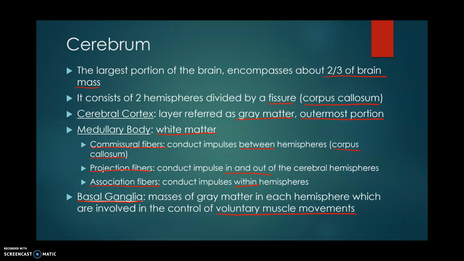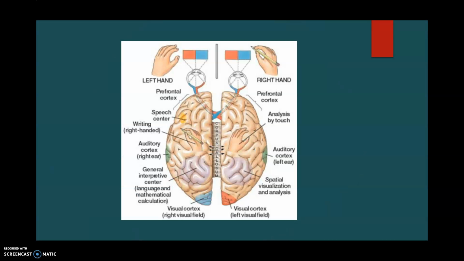So let's take a look at what some of this looks like. If we take a look, we see we have our right side of our brain and our left side of our brain. Remember, when we're looking at a page, we're looking at it as if we're looking at a person. And a lot of people say you can be right-brained and left-brained, and really, it's not so specific like that. But some things I do want to point out here is our corpus callosum that's connecting our two hemispheres here.